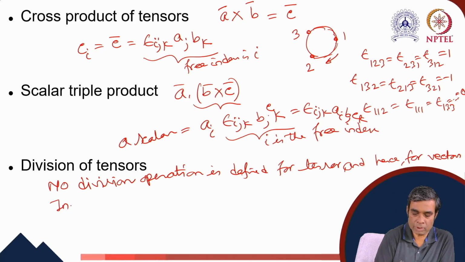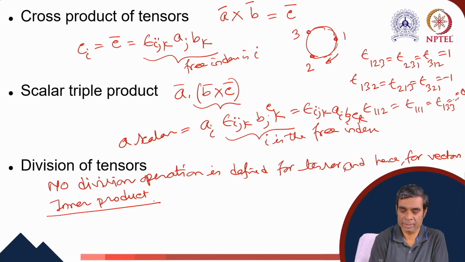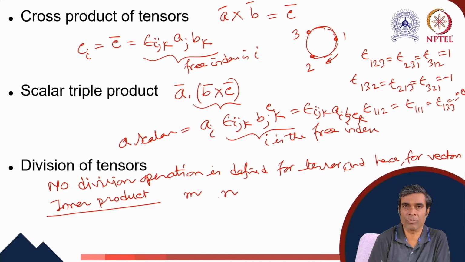For the inner product portion, I give some more information. If there is a tensor of order m and another tensor of order n, then when we perform the inner product, the output quantity will have order m plus n minus 2.